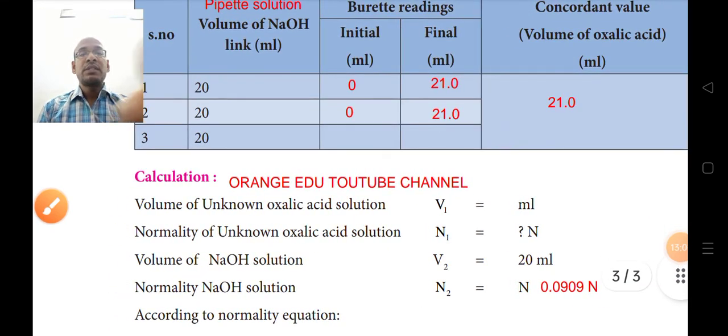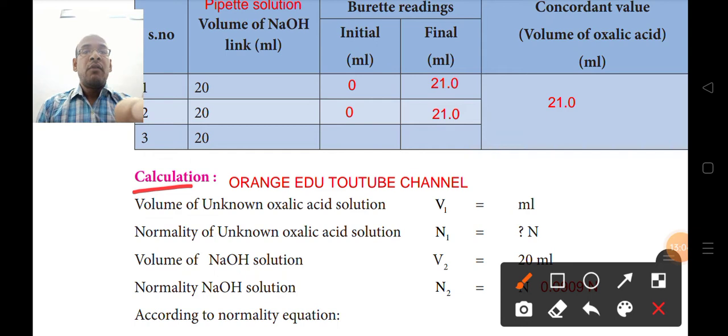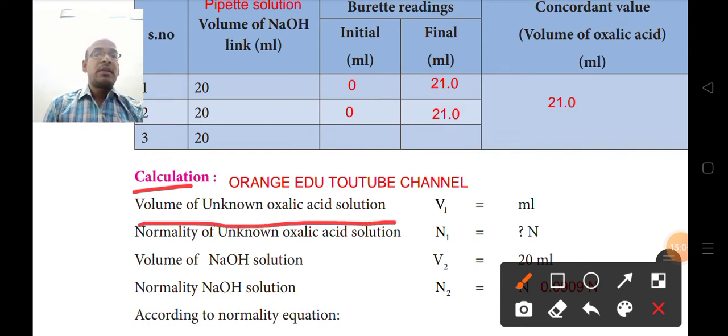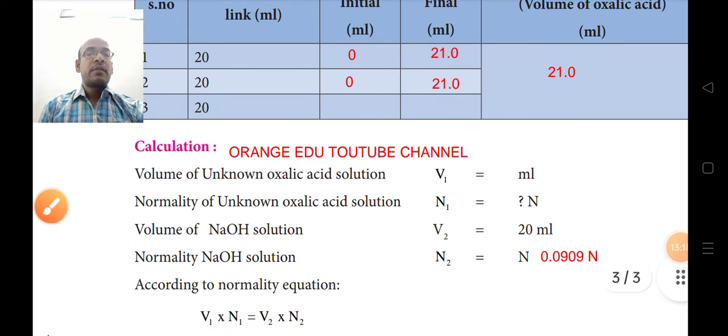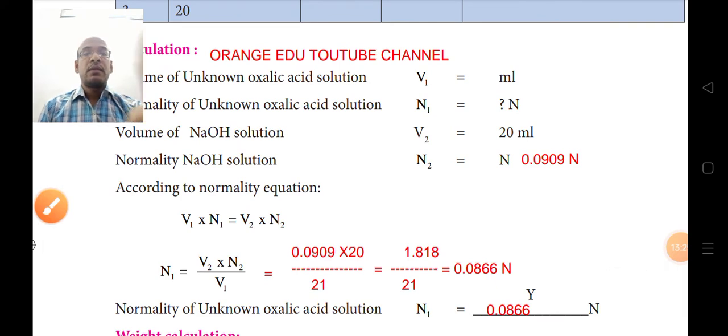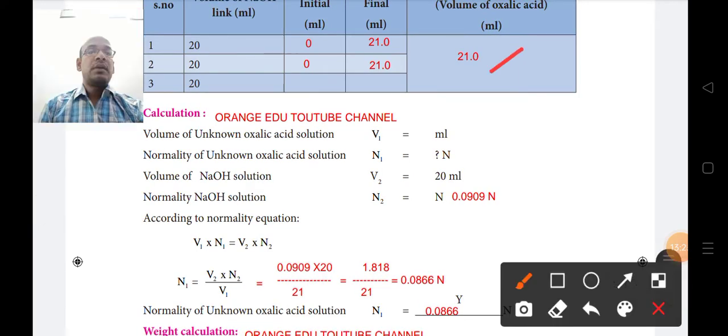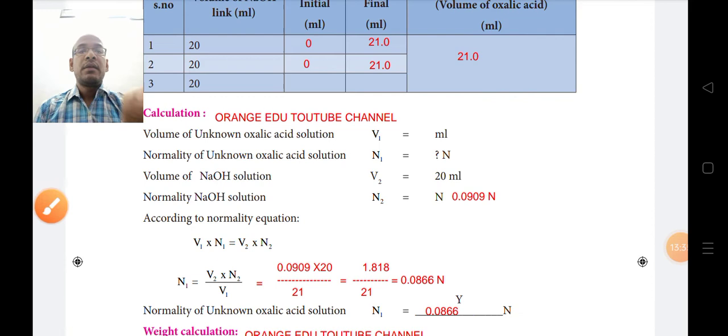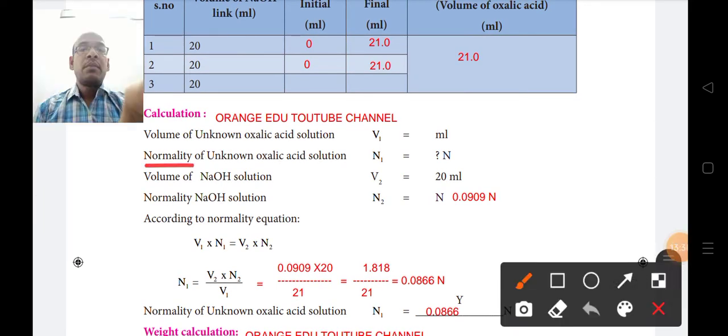Calculation part: the volume of the unknown oxalic acid solution is 21 ml, using the table column. The normality of the unknown oxalic acid solution is a question mark, which we can calculate.